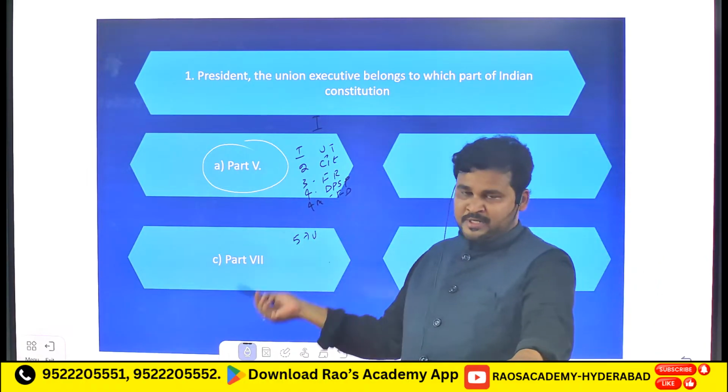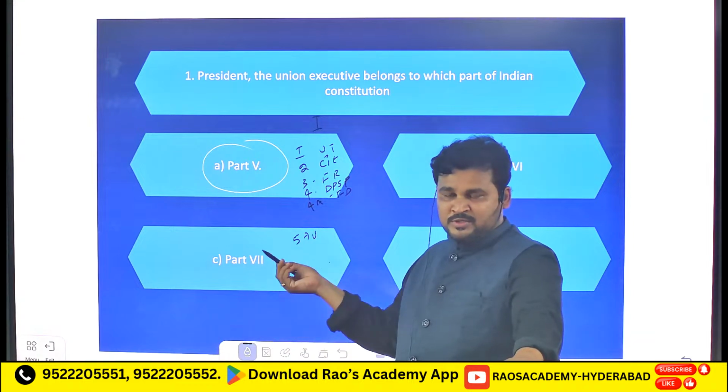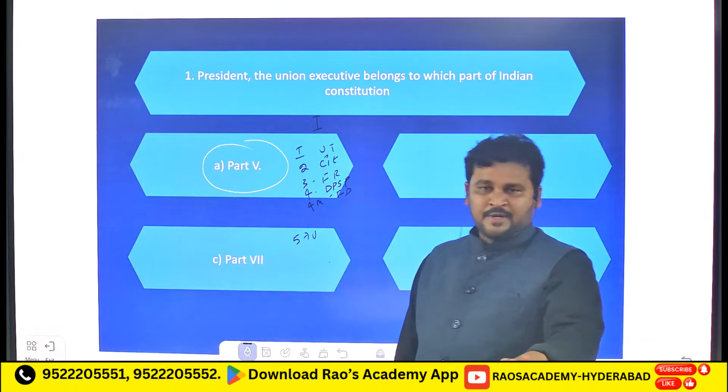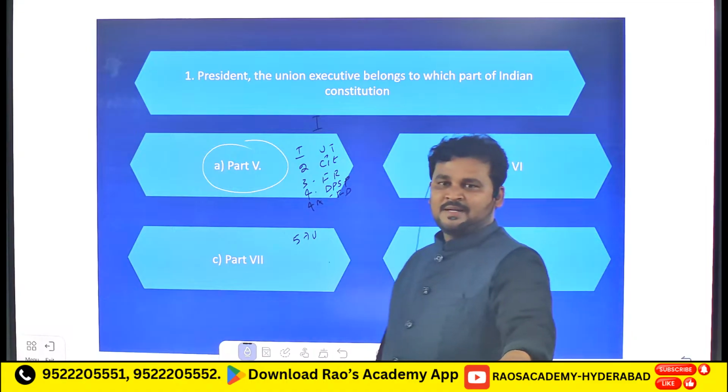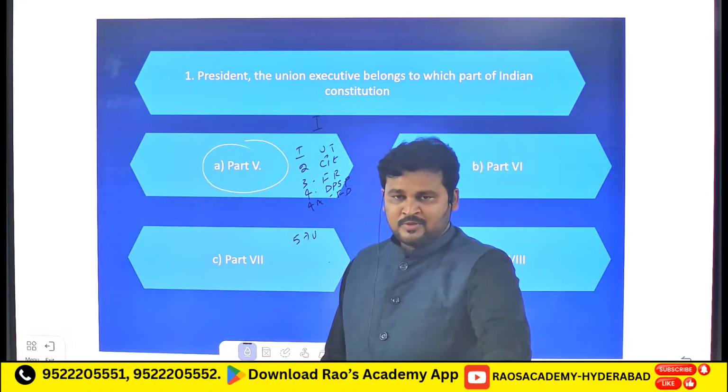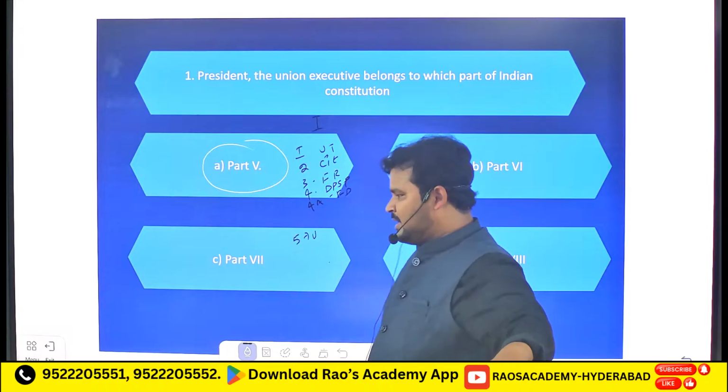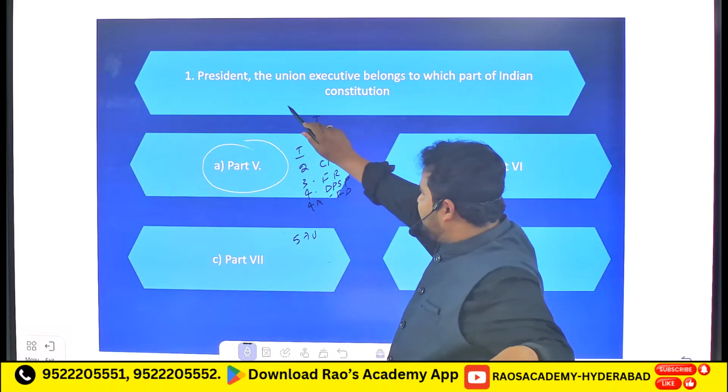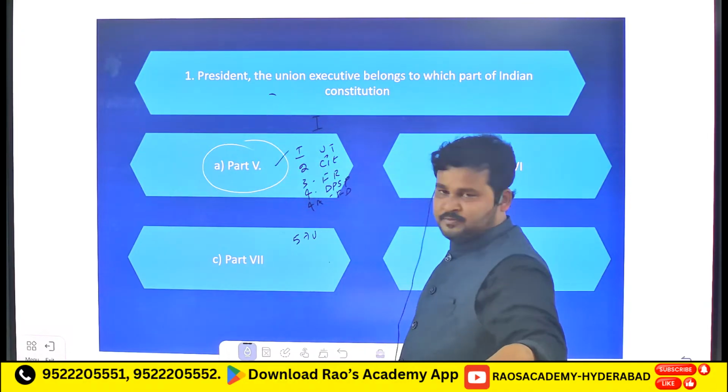In that Union, the members were the President of India, the Prime Minister of India, and the Vice President of India. They are part of Part 5, so we can say that the President is related to Part 5.